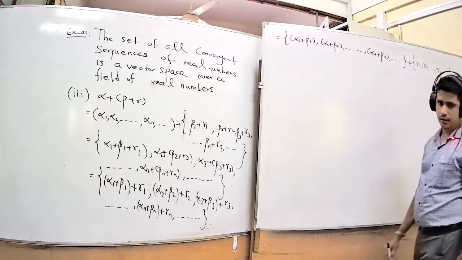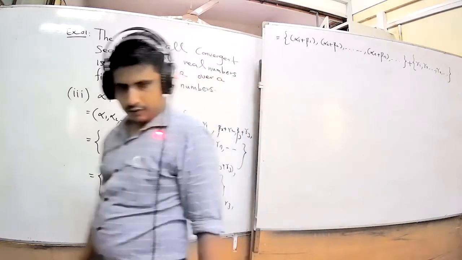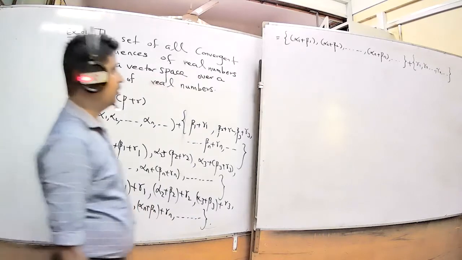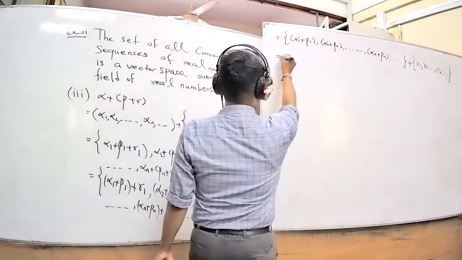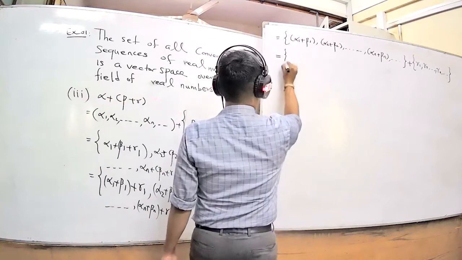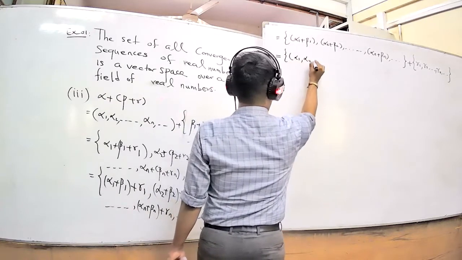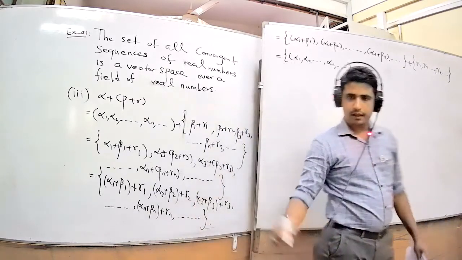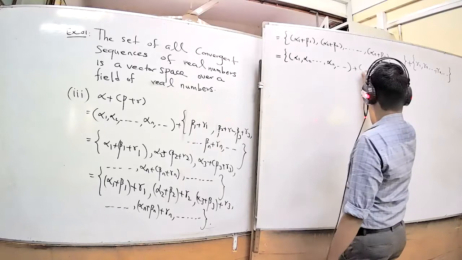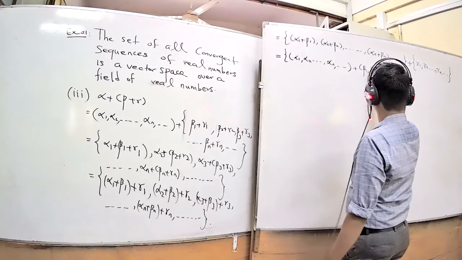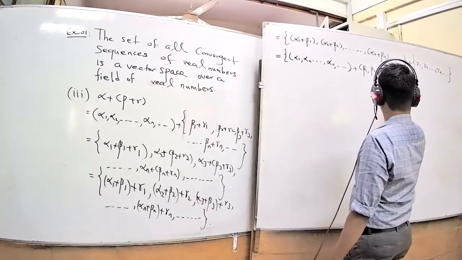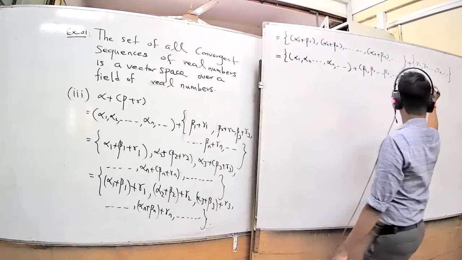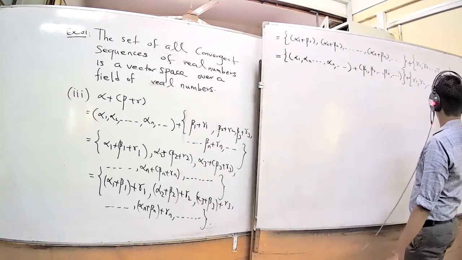Is it okay? This one we can write alpha 1, alpha 2 and so on, alpha n and so on, plus beta 1, beta 2 and beta n and so on, plus gamma 1, gamma 2, gamma n and so on.